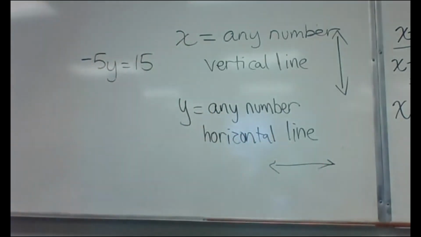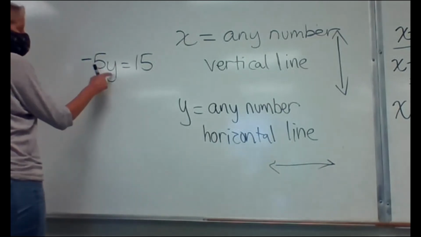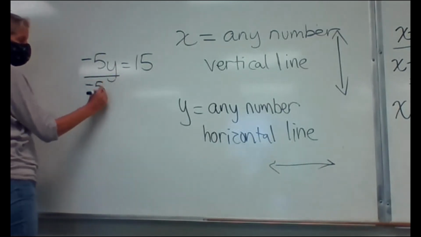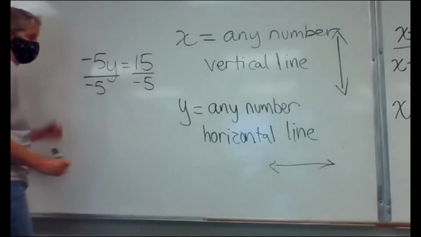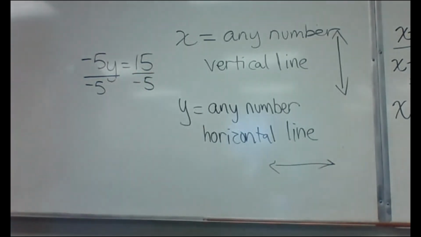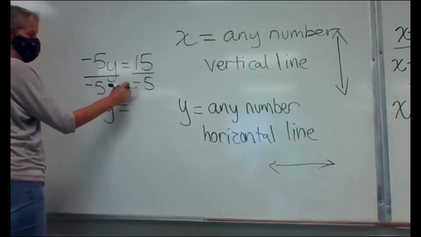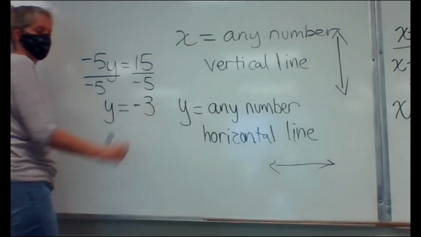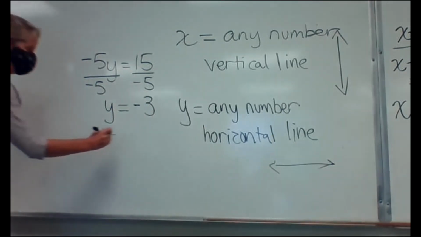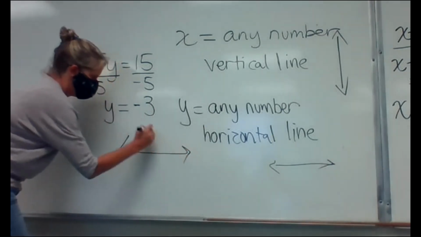I just need to find out where the horizontal line is going to be by finding what y equals. So divide both by negative 5. So y equals 15 divided by -5, which is -3. So it's going to be a horizontal line.